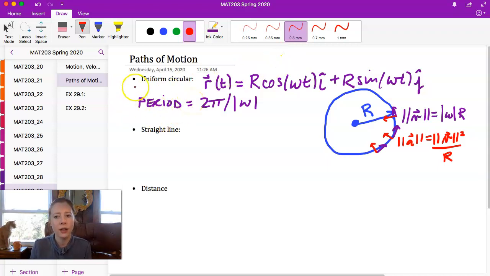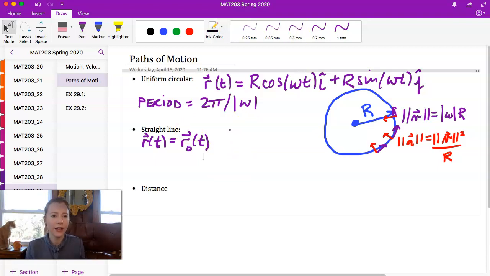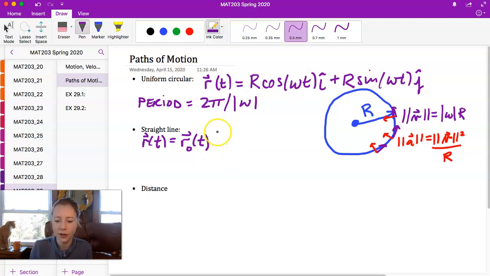And then if we were going to look at the path of motion for a straight line, the position vector r of t is going to be some initial position plus some function of t times the direction vector v. This is similar to what we did last class, looking at line segments and parameterized curves.